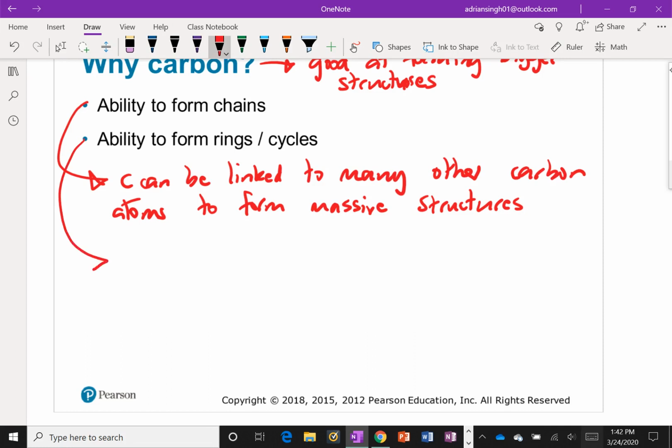The other characteristic of carbon that makes it so common and so useful and so prevalent is the fact that it can form rings. So if you think of a chain which has two ends to it, and you just attach those two ends of the chain together, you end up with a ring or a cycle form. So carbon can easily form ring or cyclic structures.